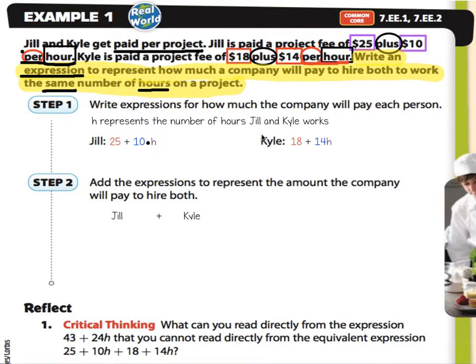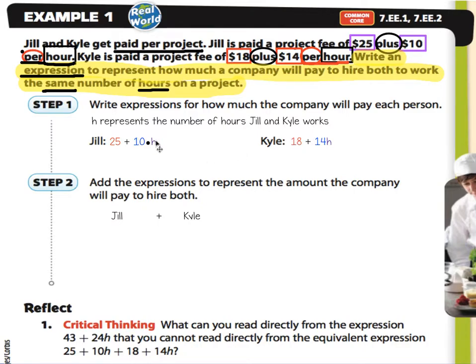If they were going to work different numbers of hours, Jill would have to have her own variable and Kyle would have to have his own variable, because in an expression, wherever you see a variable, let's say H is equal to 2, every H has to be replaced by a 2, or you have to substitute 2 for H. So if Jill worked 2 hours and Kyle worked 3, they couldn't both use H because they would have to have different numbers put in for their hours.